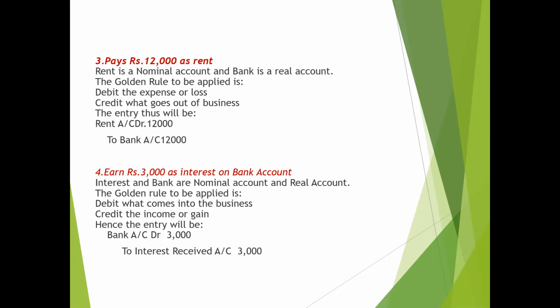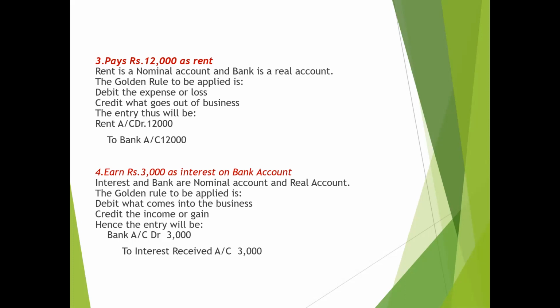The fourth entry is: earn rupees 3,000 as interest in bank account. Interest and bank are a nominal and a real account. Interest is a nominal account, bank is a real account. The golden rules: debit what comes into business, because interest is received and has to enter into the business.